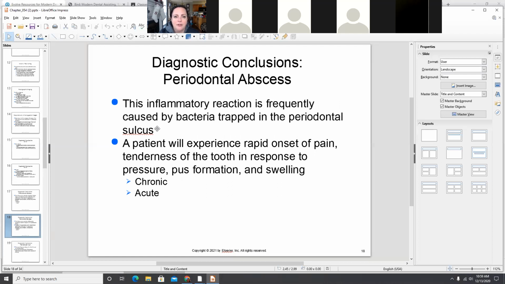What is the periodontal sulcus? It's the area what? Right around... no takers? The periodontal sulcus is the area right around the tooth where the periodontal ligament stays.